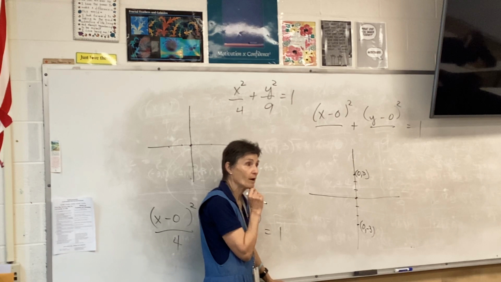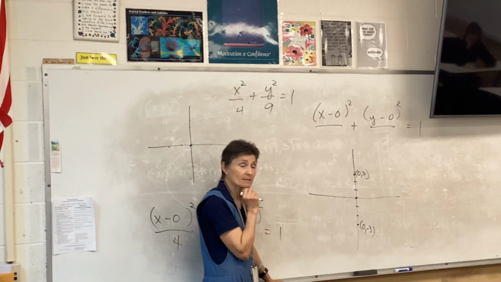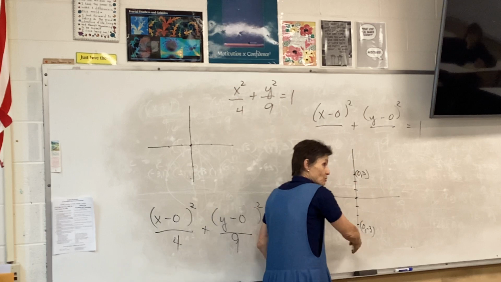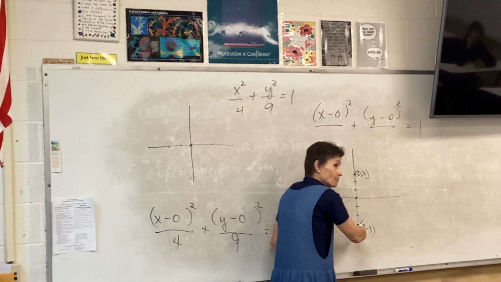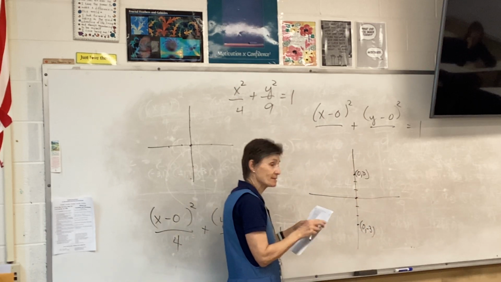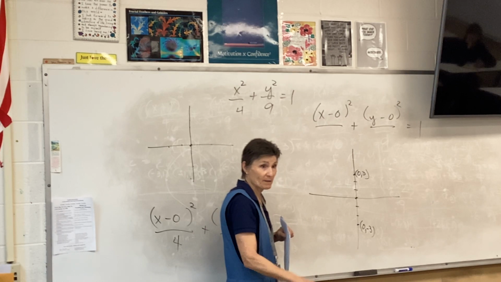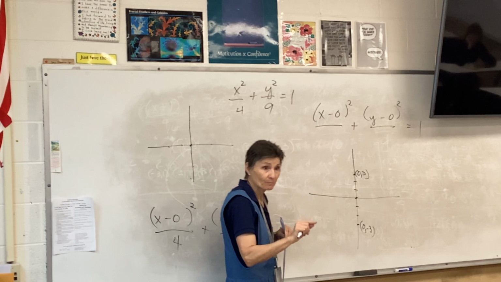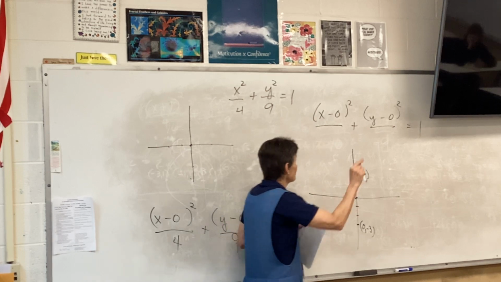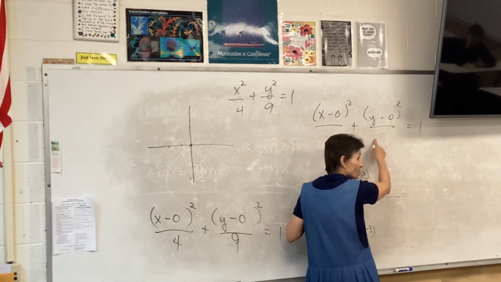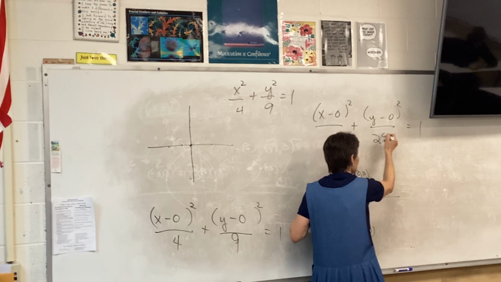They are always on the major axis. So this has to be the major axis. And since the major axis is 10 units long, I must be going up and down 5, which means under Y must be 25.